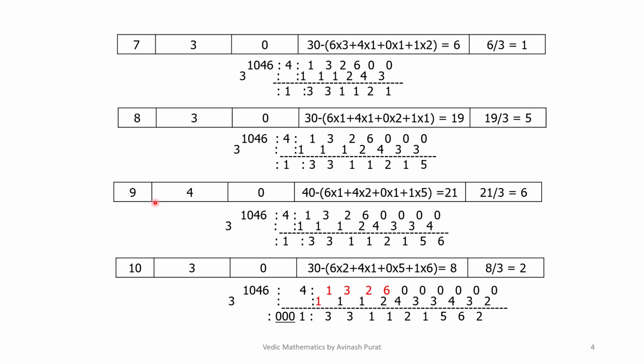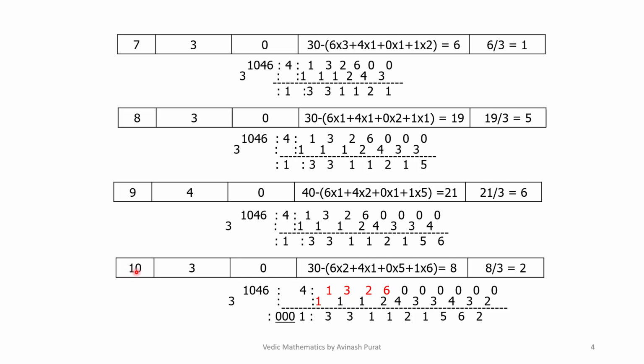Ninth step, 4 is the remainder, 0 is dividend digit. So 40 minus 6 into 1, 4 into 2, 0 into 1, and 1 into 5. That is equal to 21. So 21 divided by 3, we take 1 less, that is, quotient is 6.